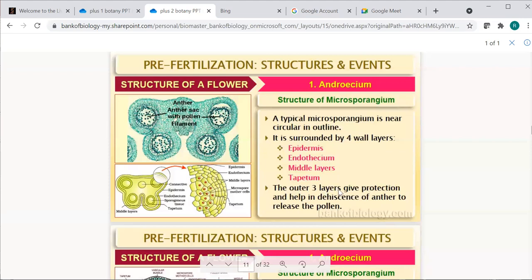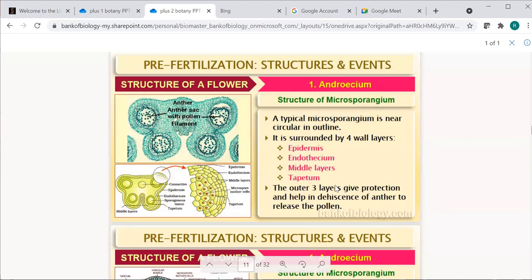The outer 3 layers give protection and help in dehiscence of anther to release the pollen. That means epidermis is the outermost covering. उसके नीचे आएगा endothecium. Then middle layers will form. Then एकदम अंदर में रहेगा tapetum. ठीक है.